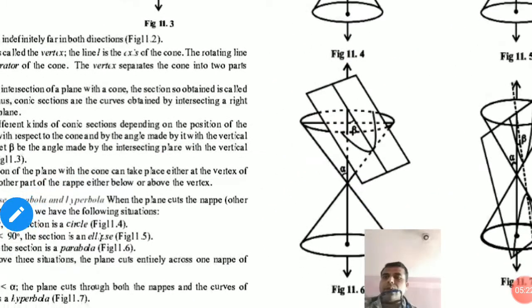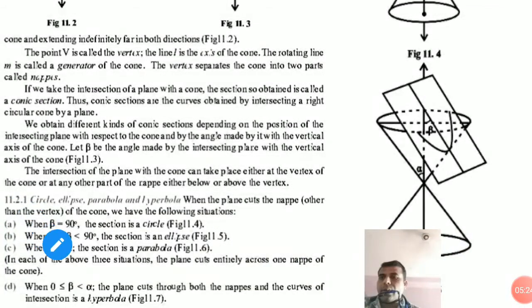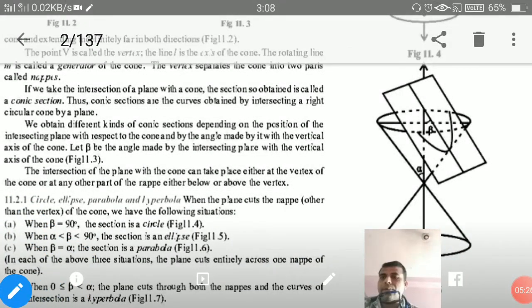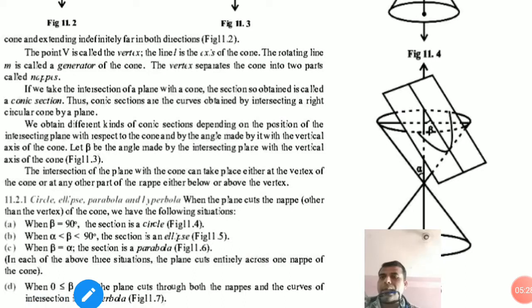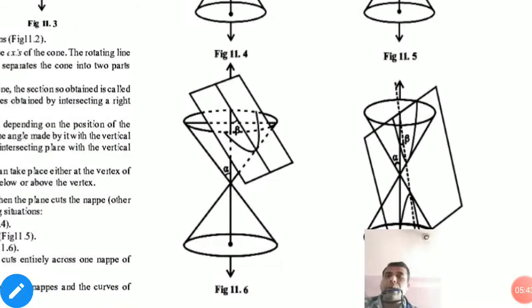Now if beta is greater than 0 but less than alpha, the plane cuts through both the nappes and the curve of intersection is a hyperbola. This is the condition when beta is less than alpha but greater than 0, in figure 11.7.